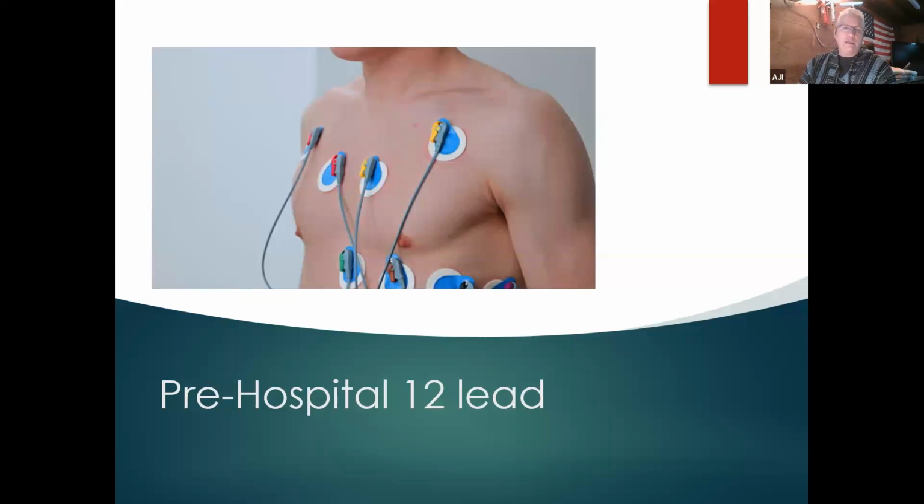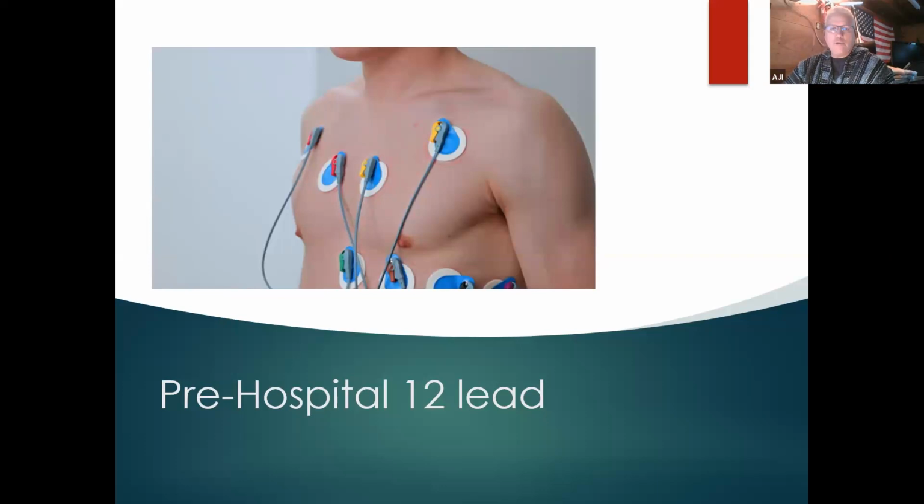This is one of the reasons, because of the agency specific equipment that goes with that, and also the utilization of BLS providers at those agencies. So there's my disclaimer. Let's get on with it.